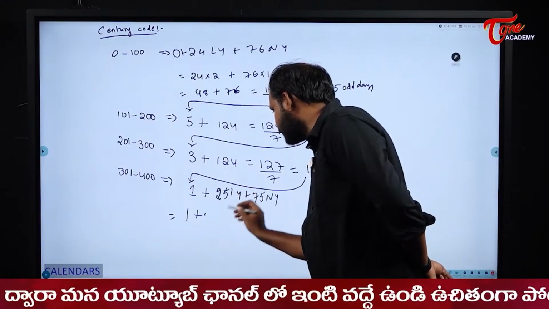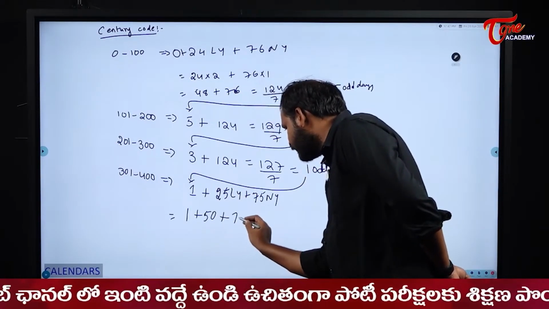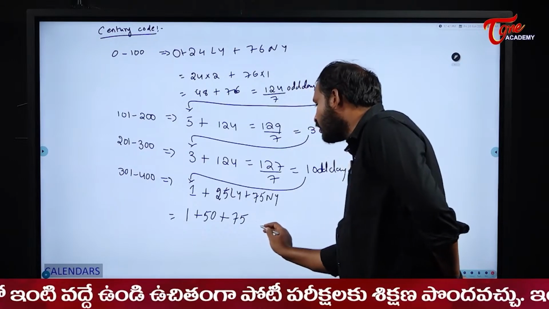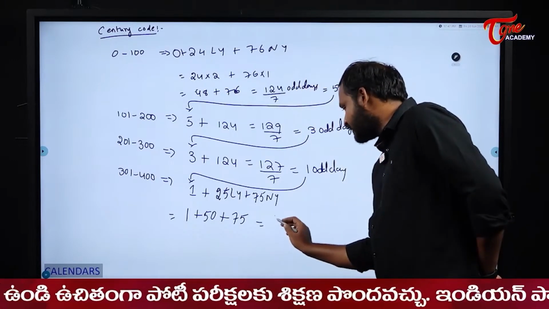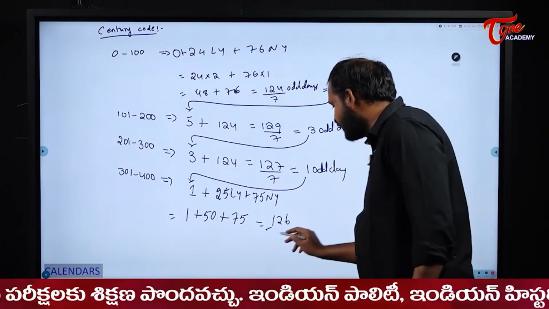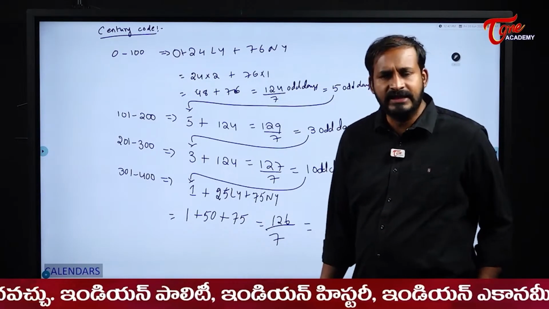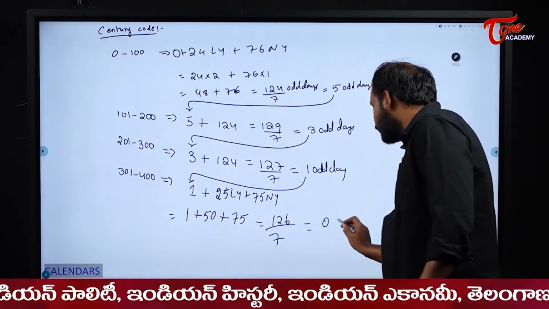So overall I will get 126. Will we have 126 odd days? No. We will once again divide it with 7. 126 is exactly divisible by 7, so you will get 0 odd days.